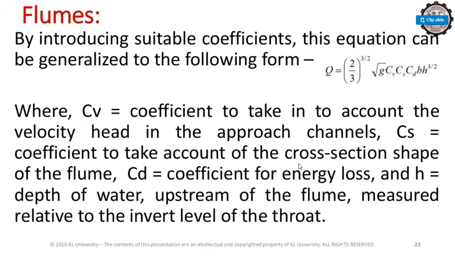Cv is the coefficient to take into account the velocity head in the approach channel, and Cs is the coefficient to take account of the cross section shape of the flume. C is the coefficient for energy loss, and H is the depth of water upstream of the flow measured relative to the invert level of the throat.